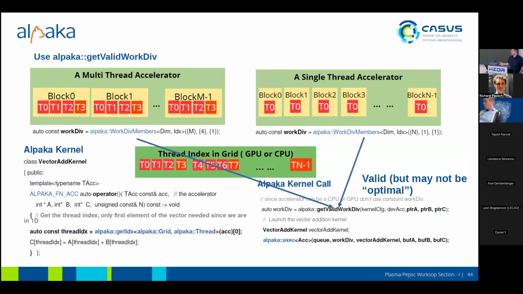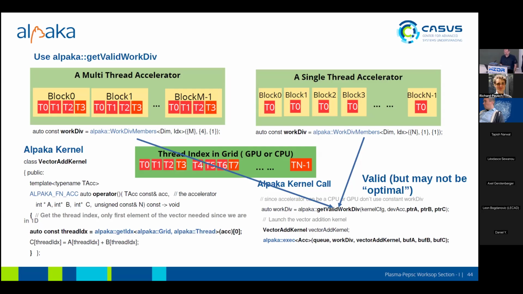Therefore, work division is automatically generated for any backend. In parallel programming, we usually select the grid size equal to data size.